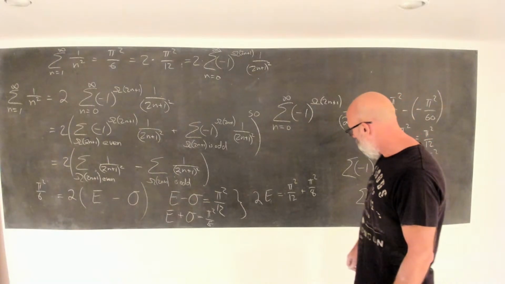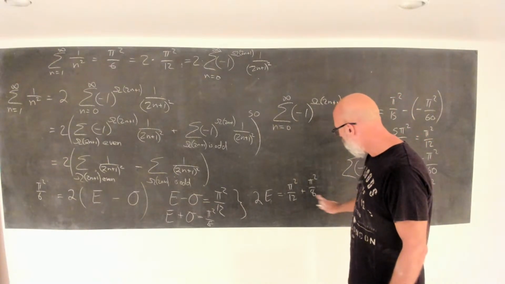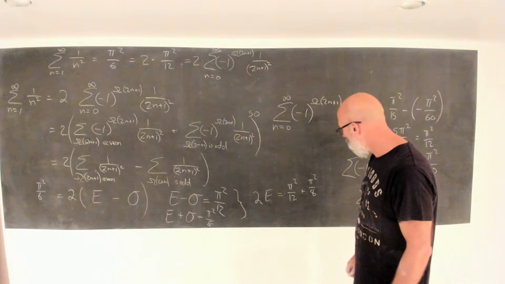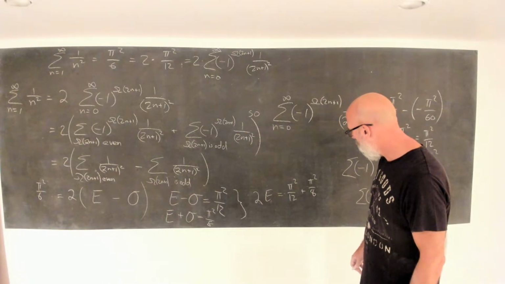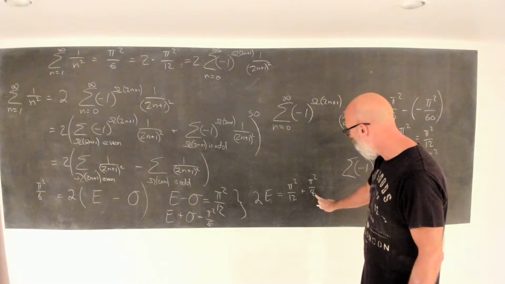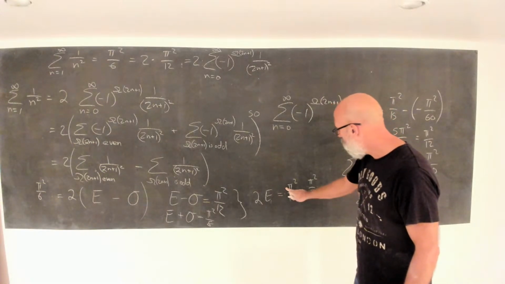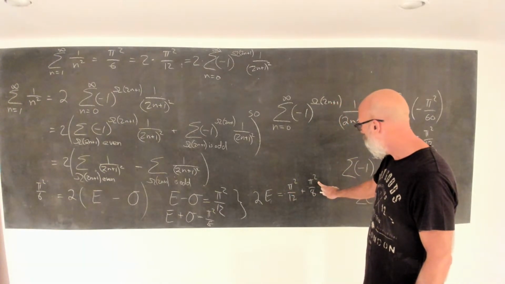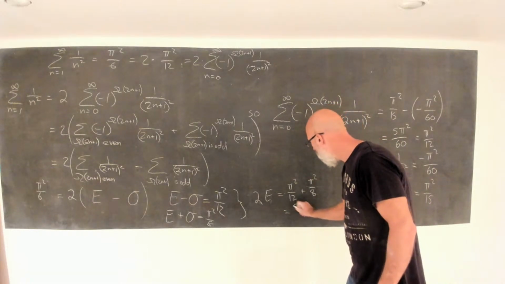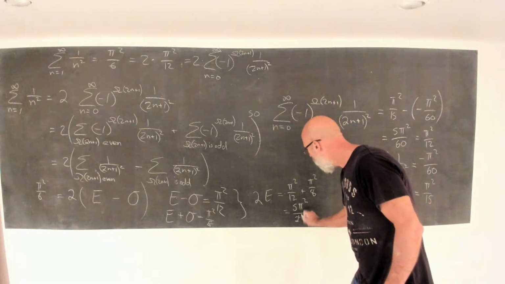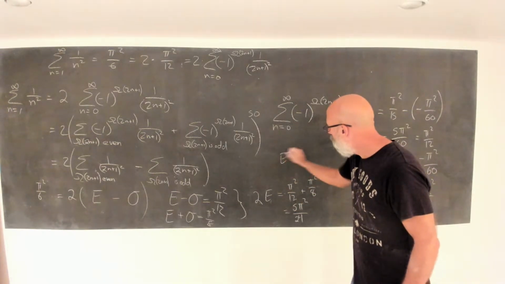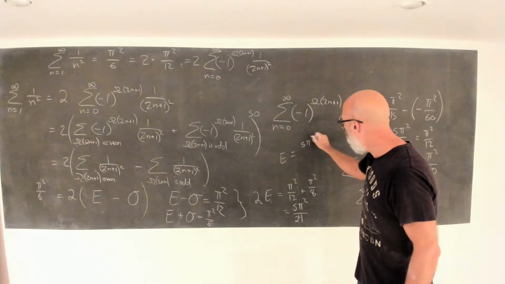So what is that? 48 is the smallest common denominator. Is that right? Probably not. 24. So 2 plus 3, that's 5. 5 pi squared over 24. So E is 5 pi squared over 48.